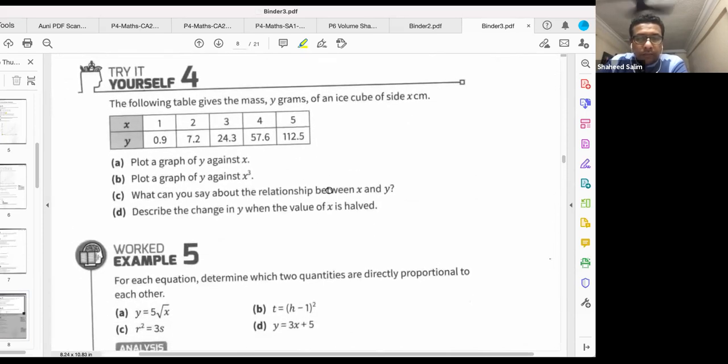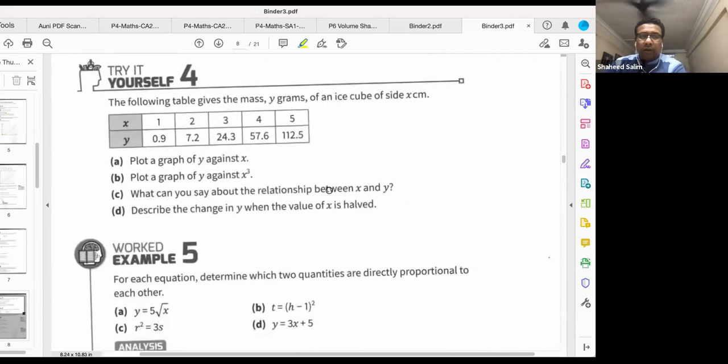Okay, let me see. Can you determine what example 5? Is it directly proportional or not? So in other words, they want to know what is K and what are the two quantities that are directly proportional.